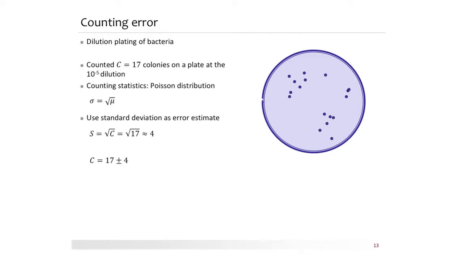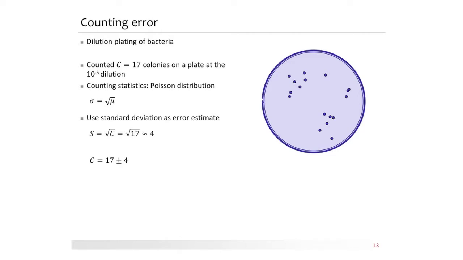So for this count, we can estimate the error coming back to Poisson distribution, where if you remember, standard deviation equals square root of the mean, which means if this number 17 is some sort of an estimation of the mean, then we can use the square root of this as some sort of estimation of the error. You can find the square root of 17, it will be 4. So you can say that this count is 17 plus minus 4.